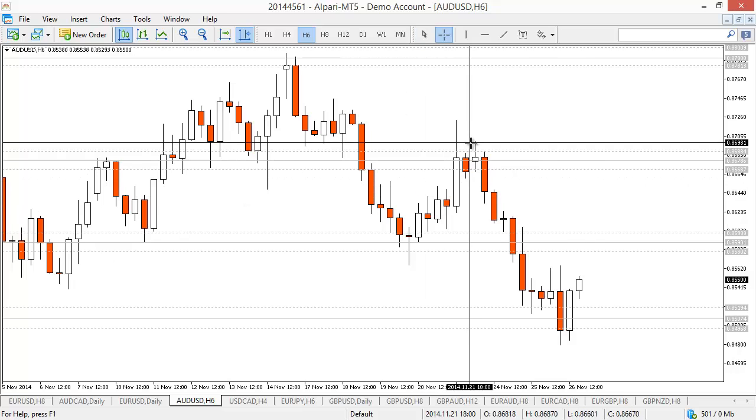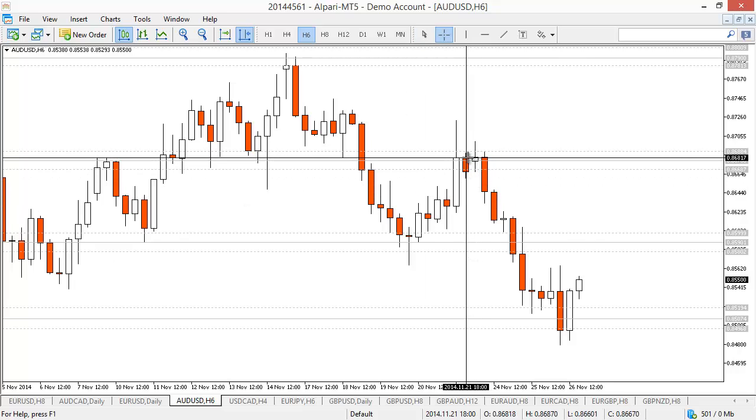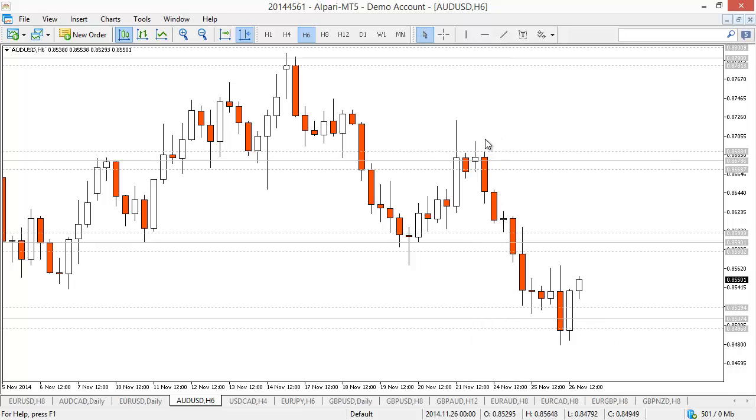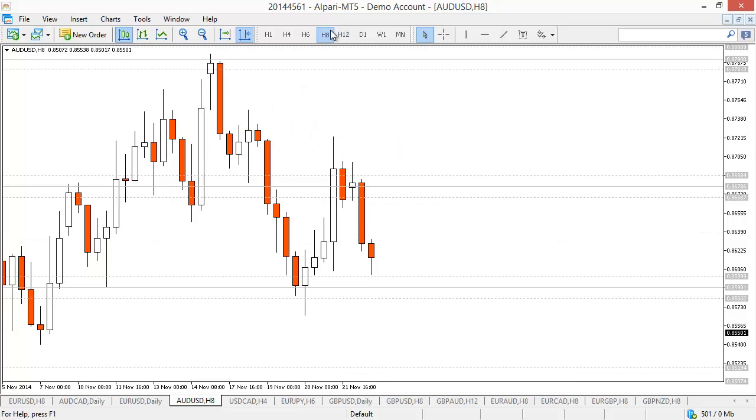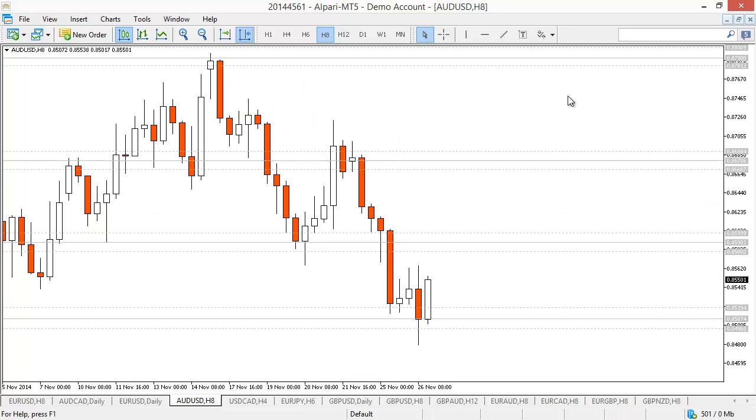So if the setup formed on the 6-hour and there's 3 indecision candles, that would be the maximum that I would go for after I enter. If there's 4 indecision candles, 5 indecision candles, and then it pushes down, I'll tend not to take that trade, at least not on the 6-hour. But that's another case where you could pop up to a higher time frame, and maybe on the higher time frame, you're going to have a single indecision candle, and then you just take it on that time frame.